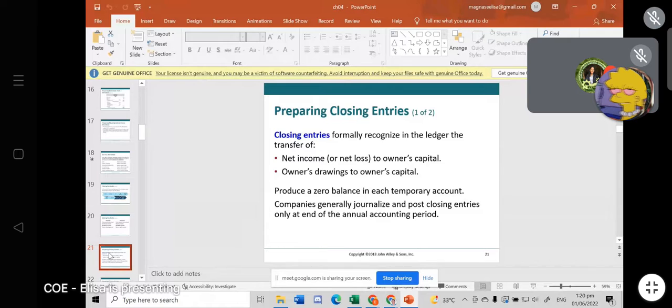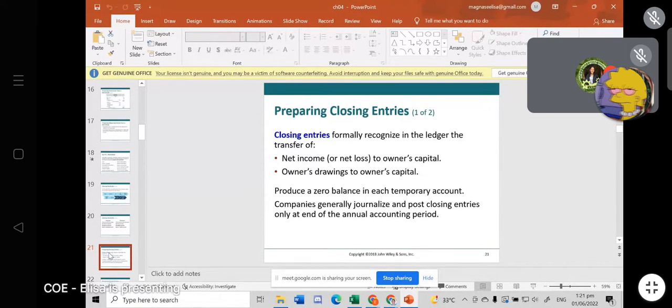Companies generally journalize and post closing entries only at the end of the annual accounting period. Meaning December, but it depends on the company's ending accounting month. Now, going back to producing a zero balance: since we close all the accounts, the revenue and the expense accounts, after the closing all our revenue and expense accounts will have zero balance.